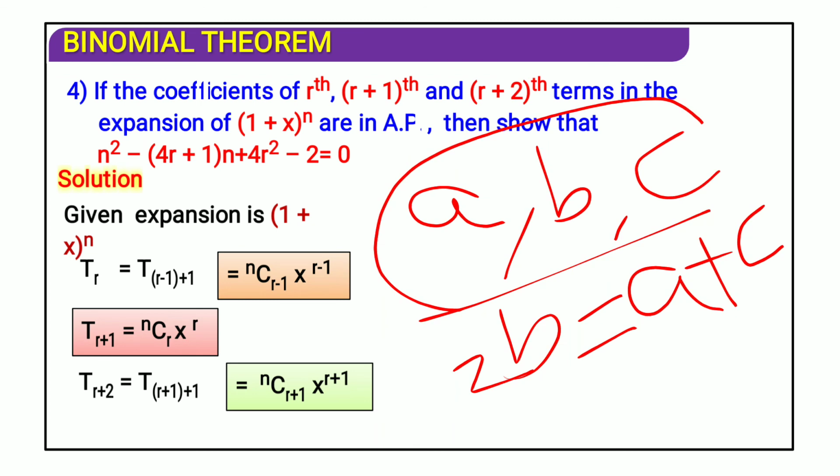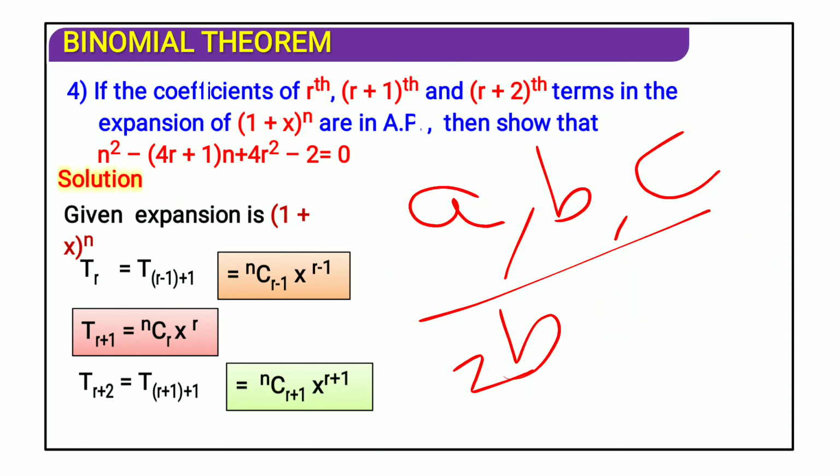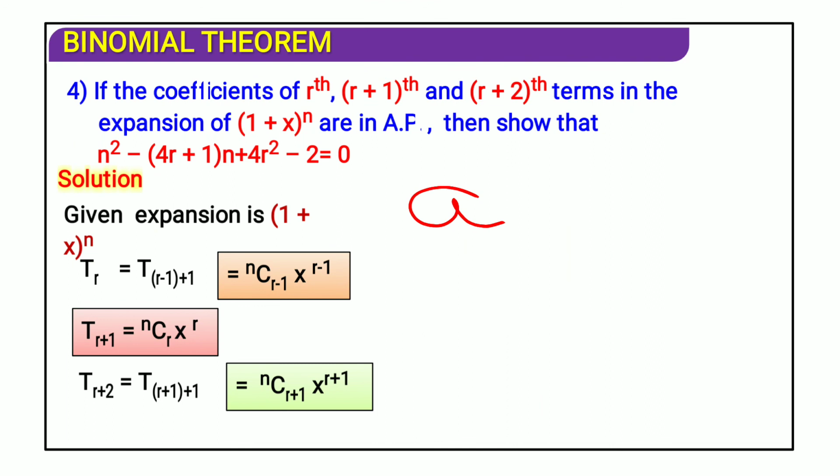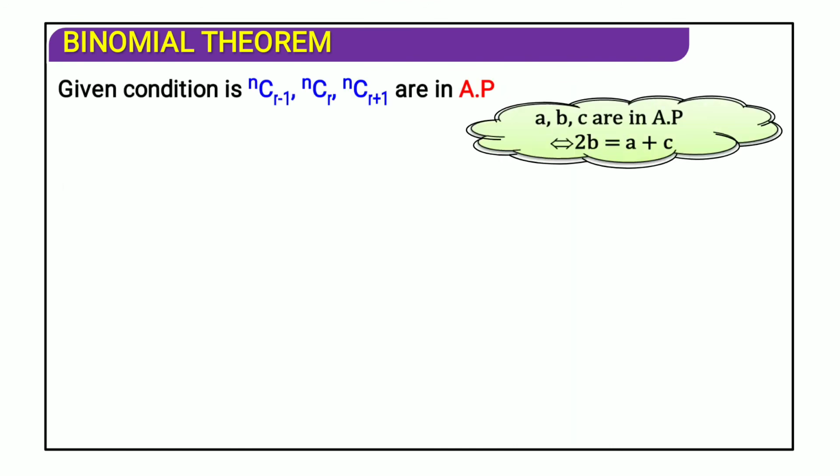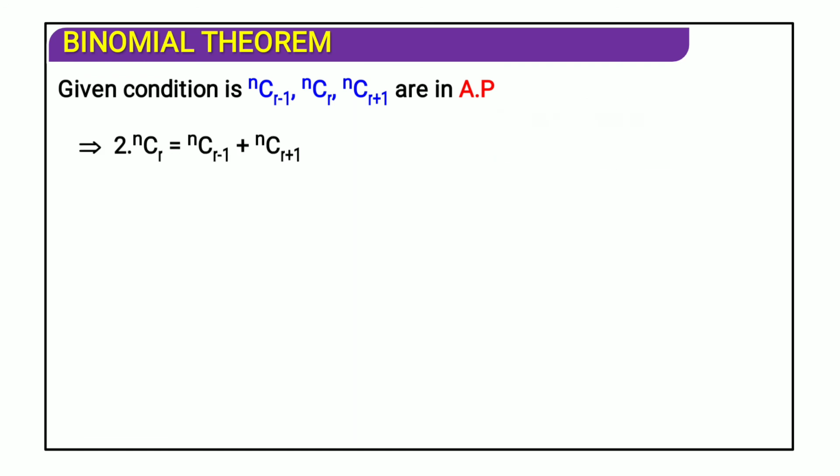These three numbers are in AP only when twice the middle term equals the sum of the extreme terms. You can also equate by using the difference. So this is the simple calculation that I'm not doing for you. A, B, C are in AP if and only if 2B equals A plus C. I already told you. You will do the calculation by yourself.